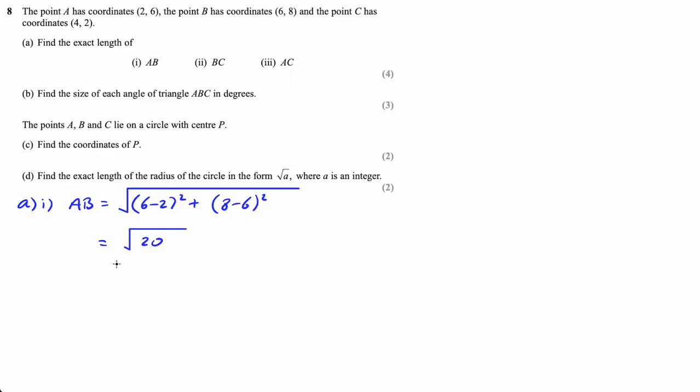Part 2, what do we want? BC. So BC is equal to the square root of 6 minus 4 squared plus 8 minus 2 squared.